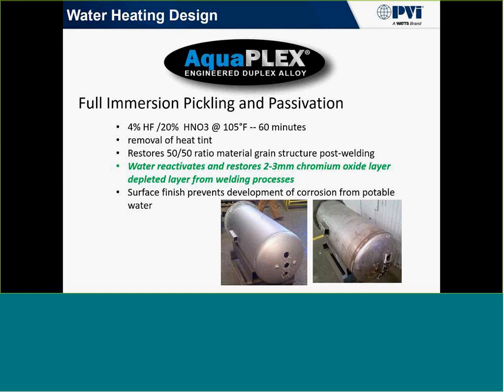And the nice thing from a domestic water heating application standpoint is the water that's inside those tanks will reoxidize and recreate that chromium oxidized layer, which is what we use to protect it. So even the water going through this system is going to continue to passivate it after it's been installed.